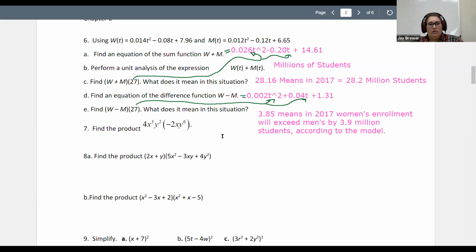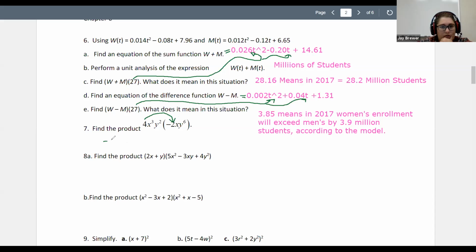Would anyone like to go over finding the products? Do you feel like that is something that the majority of you need? Yeah, you want it? Okay, cool deal. No worries. Okay, so if we are going to take the product of this, go ahead and do your numbers first.